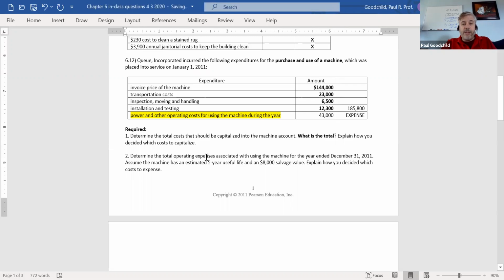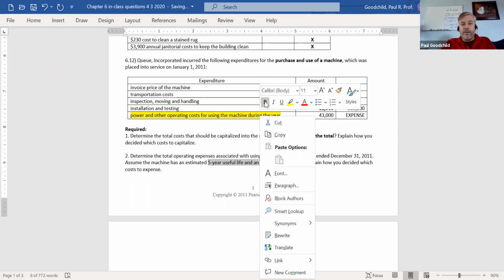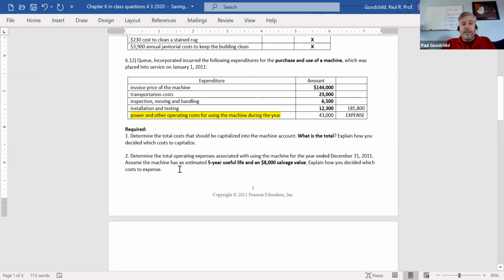It says determine the total operating expenses associated with the machine during the year ended December 31st, 2011. Assume the machine has an estimated 5-year useful life and an $8,000 salvage value. And so in this case, we want the operating expenses.